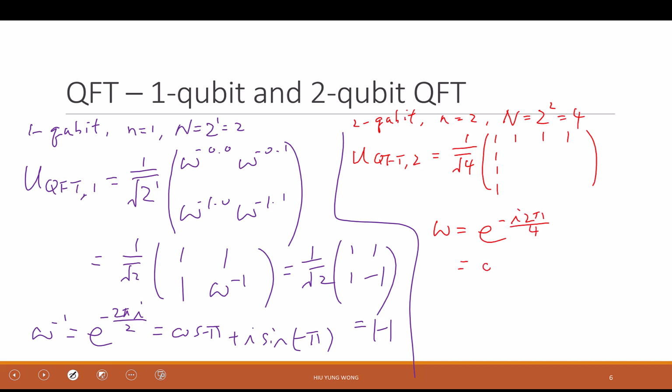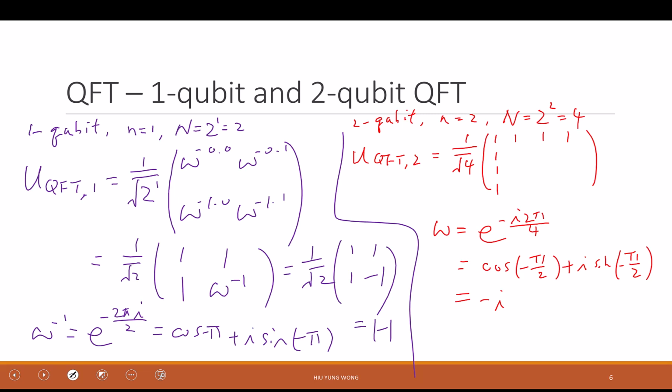Which is equal to cosine negative pi over 2 plus i sine negative pi over 2, right? What is this? Cosine pi over 2 is 0, right? Negative sine pi over 2? Negative 1. Right? So each omega has the difference of negative 1.